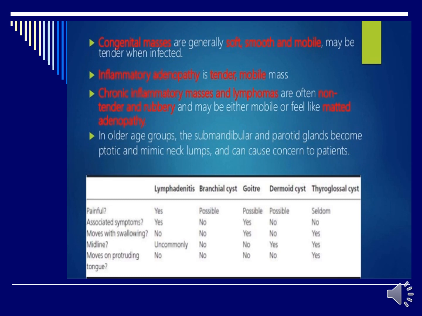Matted adenopathy, think of lymphoma. In the elderly age group, the submandibular and parotid glands become ptotic and mimic neck lumps and can cause concern to patients. Sometimes the parotid deceives us, because the soft tissue in the elderly weakens, making us think there is a tumor, but it is not a tumor. This is normal.